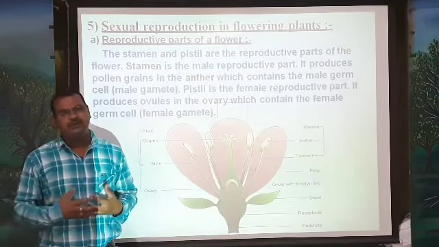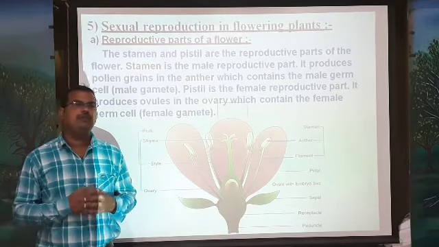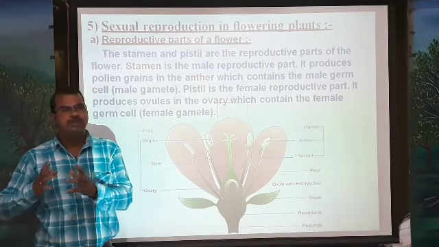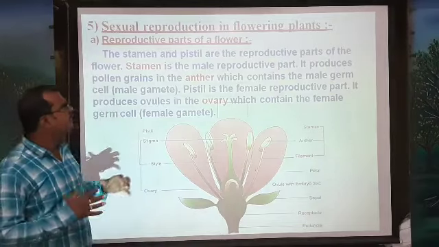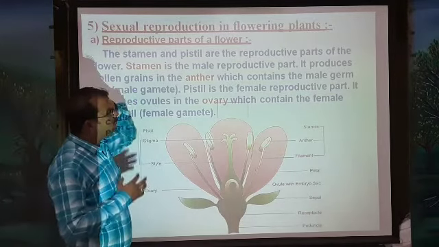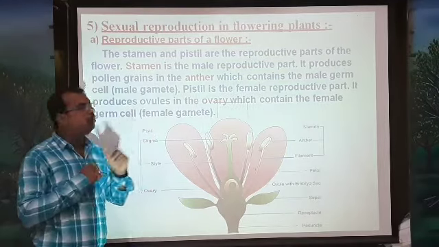One of the major parts of the plant body is the flower, which plays a very important role in reproduction. So the flower is considered the reproductive part of a plant body.